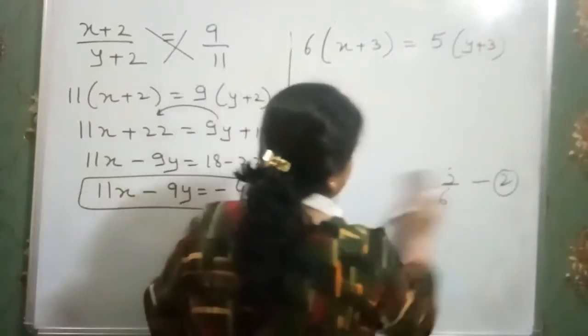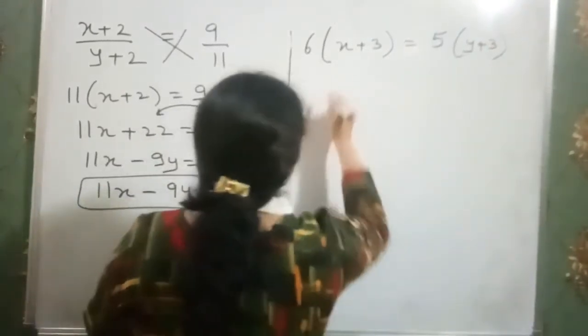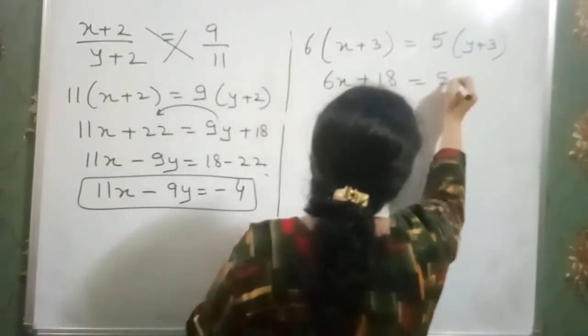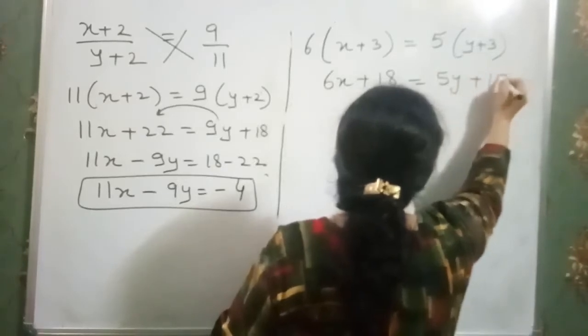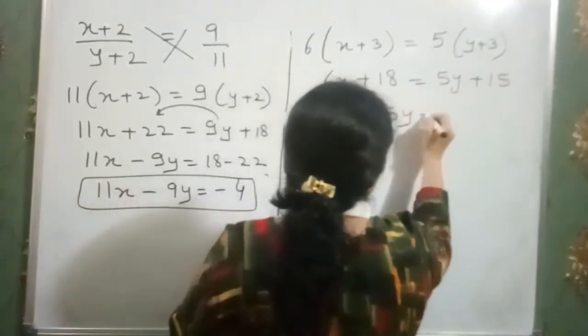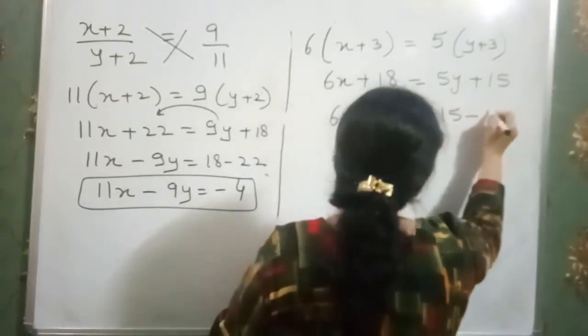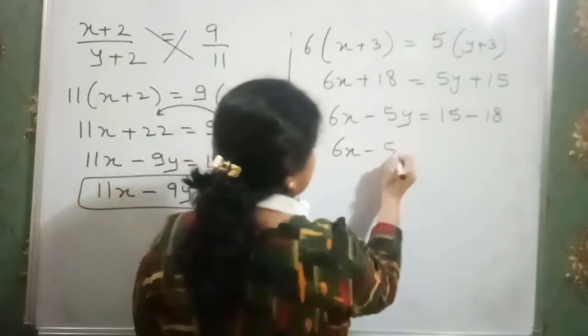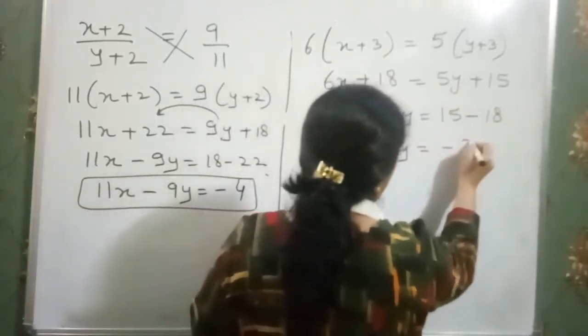Okay, and we also make it in a simpler form, that is 6x plus 18 equals 5y plus 15. Clear? Now bring the variable here and the digits over the right hand side. So we have 6x minus 5y is equal to minus 3.